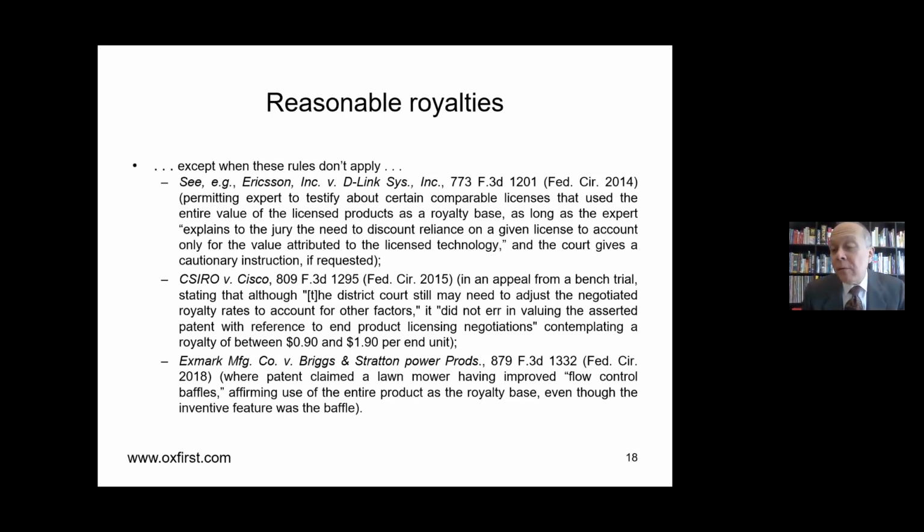And so in that case, the court said it was appropriate to use the entire product as the royalty base, even though the inventive feature was just the baffle, but because the claim itself covered the entire product. So that might actually encourage a little bit of gamesmanship in terms of drafting claims to cover entire products, even though the inventive feature may be a relatively small portion of the entire product.